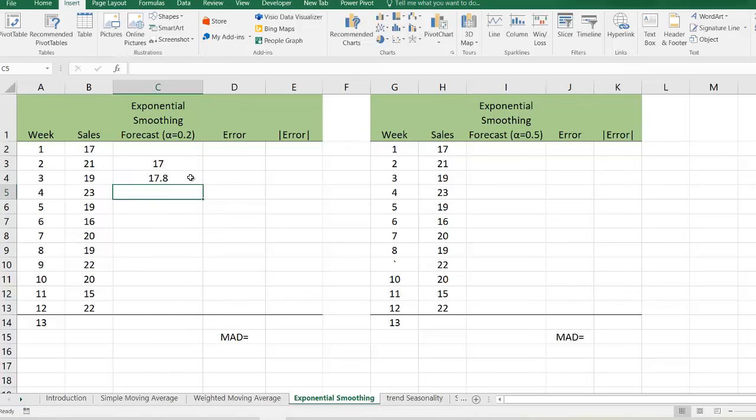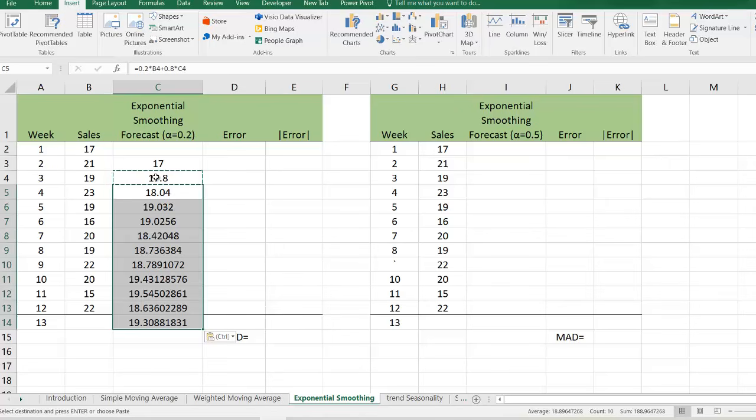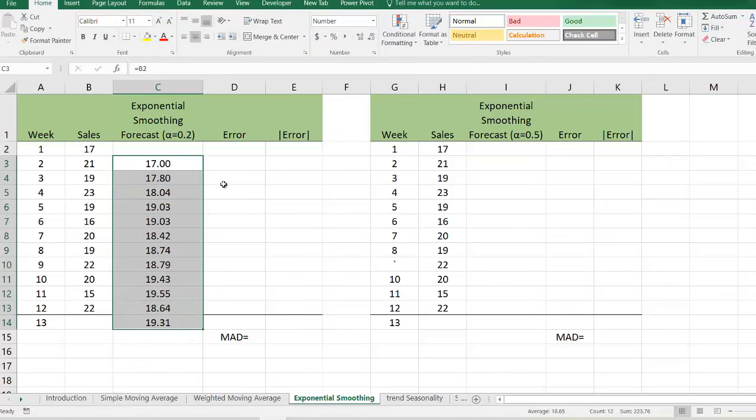And our forecast for the third week will be 17.8. Now we can copy and paste to make the forecast for the next periods up to week 13. Our forecast for week 13 is 19.31.